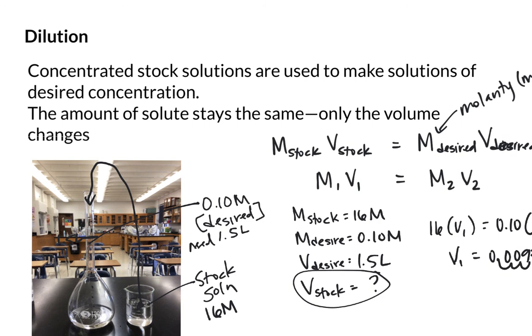So 1, 2, 3, and we get 9.375 milliliters is what we're going to use of this stock solution. We'll take 9.375 milliliters out of this stock solution and we will put it into this volumetric flask. It'll sit in this flask, and then we will add H2O to bring the level up to 1.5 liters. And then we will have the right solution.